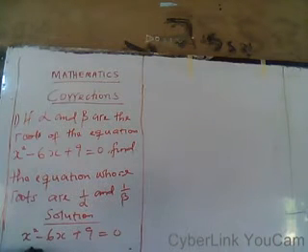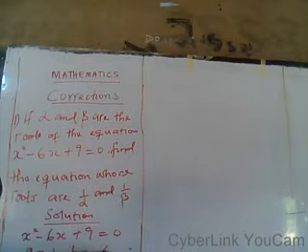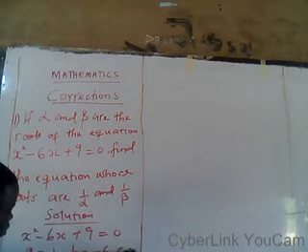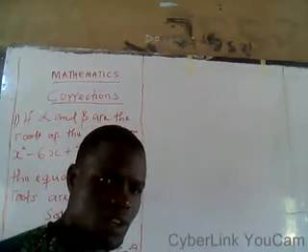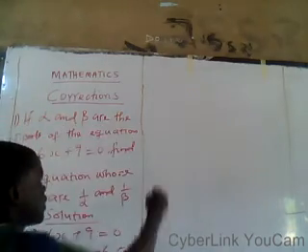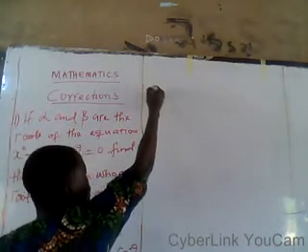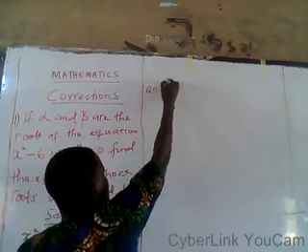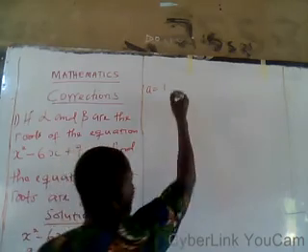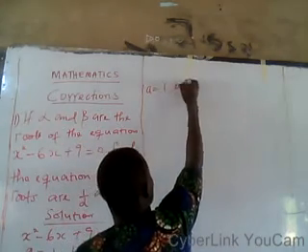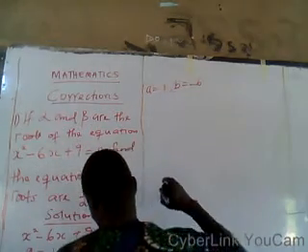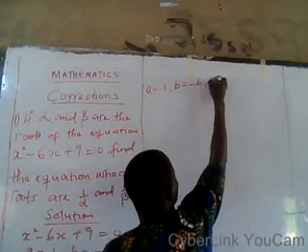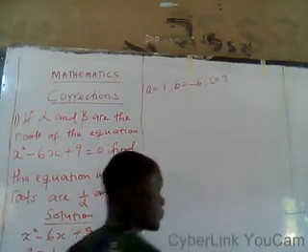So which means our A is 1, our B equals minus 6, and our C equals 9.